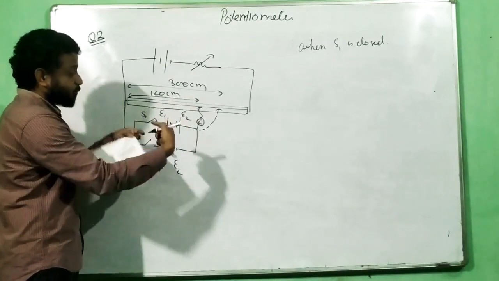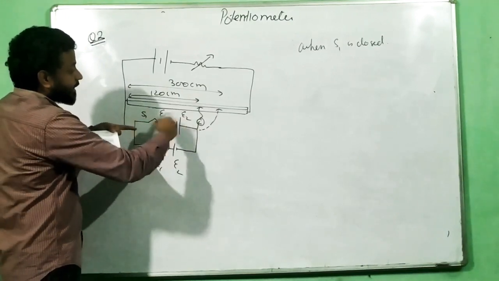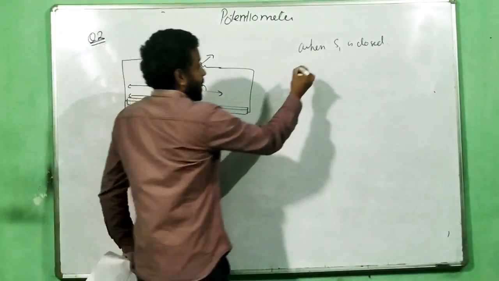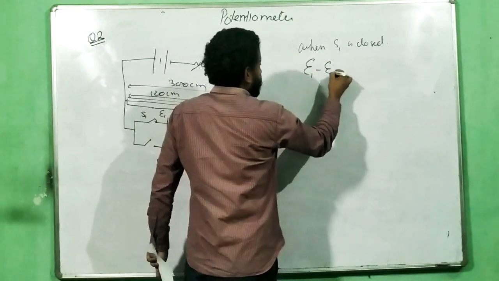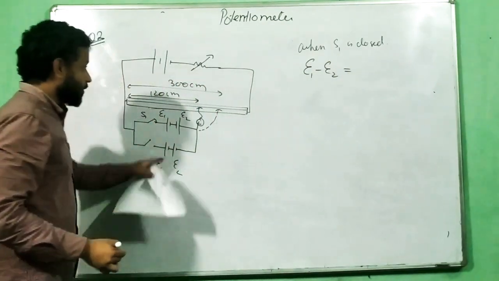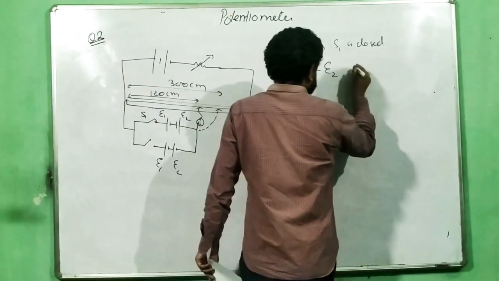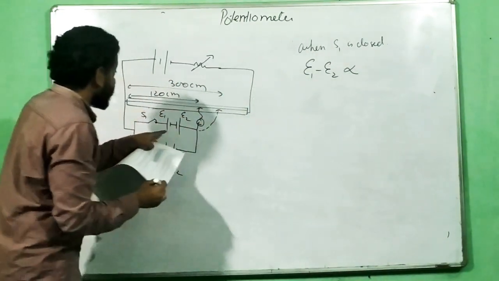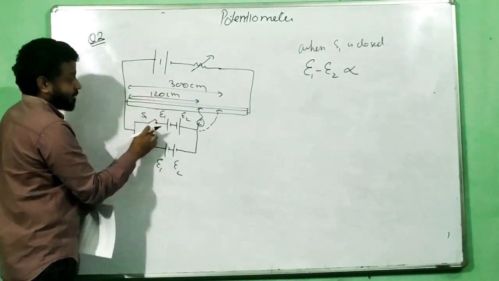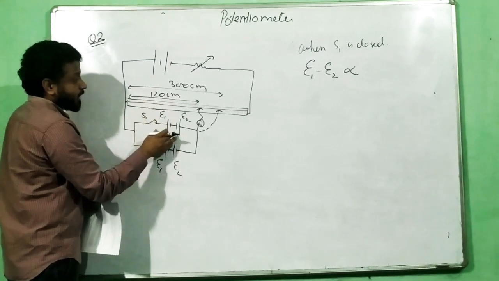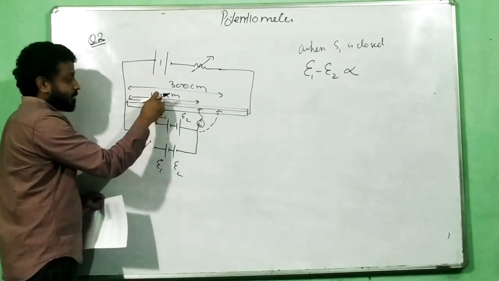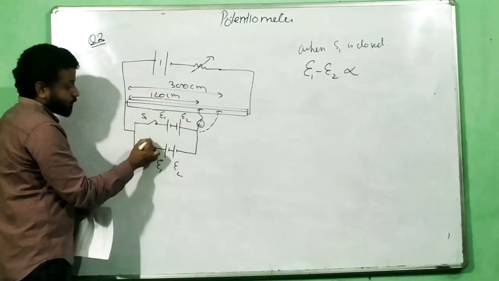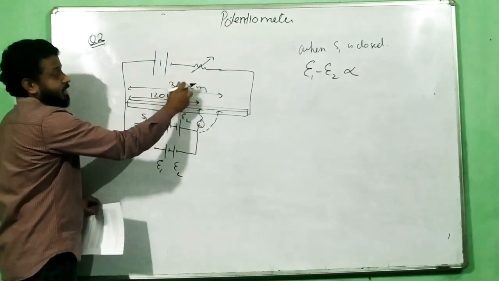Remember, this is opposite polarity. So E1 minus E2 is proportional to the balancing length. Now this is less, so it will be 120 centimeter. So when S1 is closed, the balancing length is 120 centimeter. When S1 is open and S2 is closed, the balancing length is 300 centimeter.